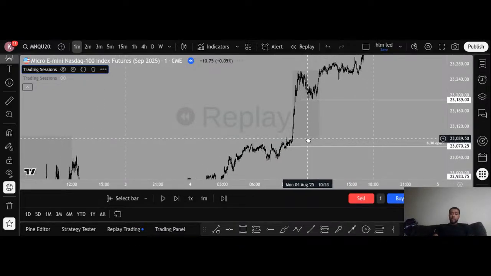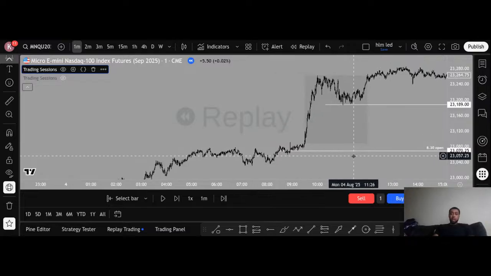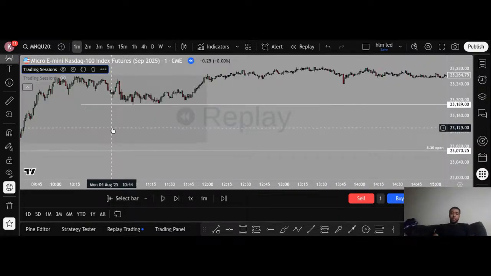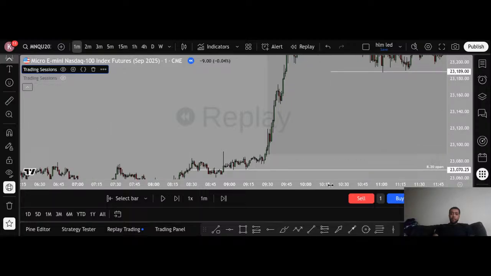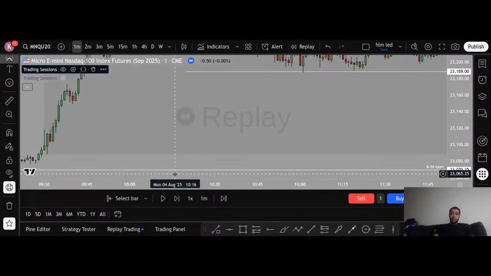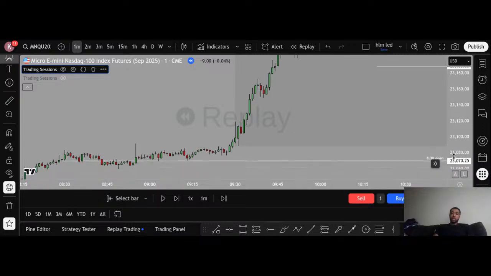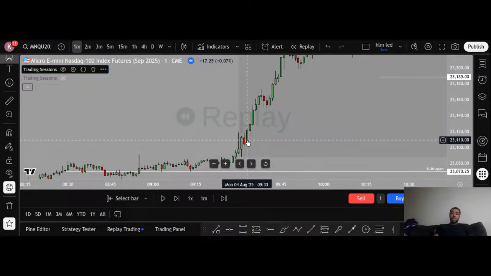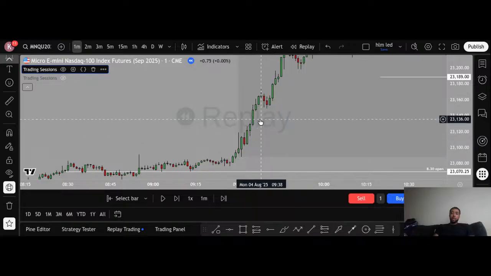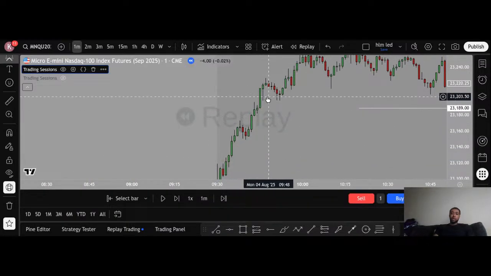So this day, market literally opened. These are the days where you're waiting on a pullback, but it just never gives you opportunity. It just opens and just runs, leaves a whole bunch of breakaways.